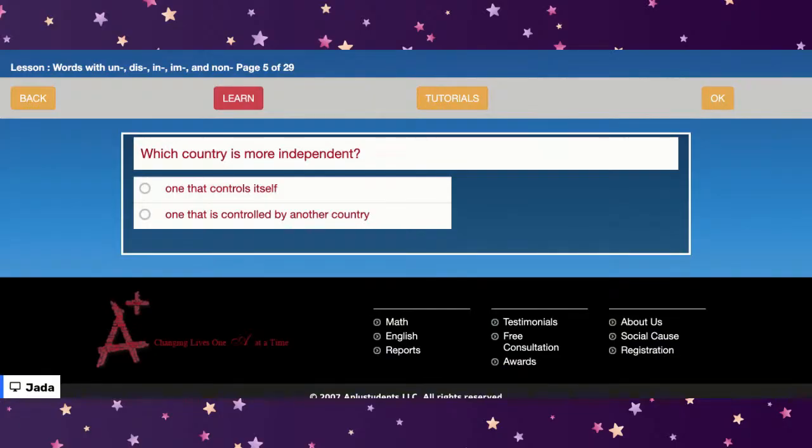Which country is more independent? One that controls itself or one that is controlled by another country?